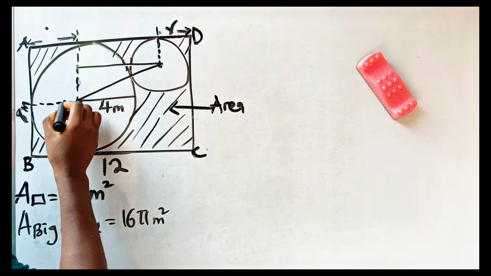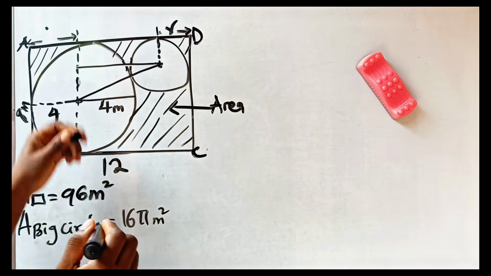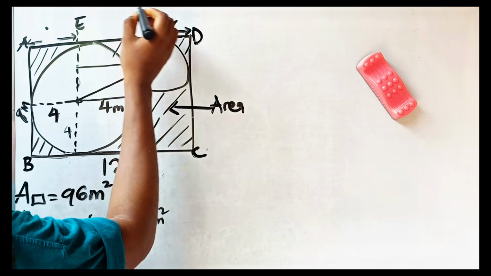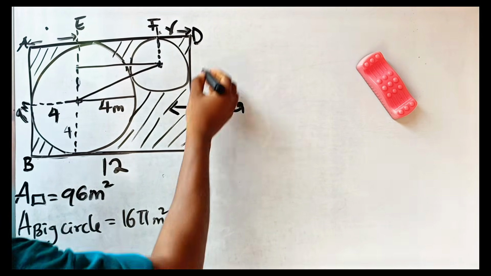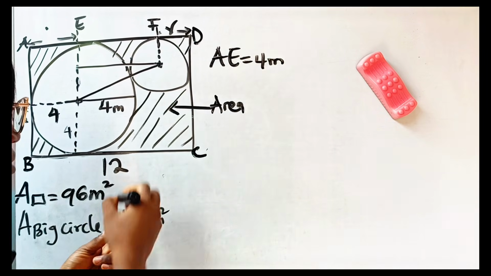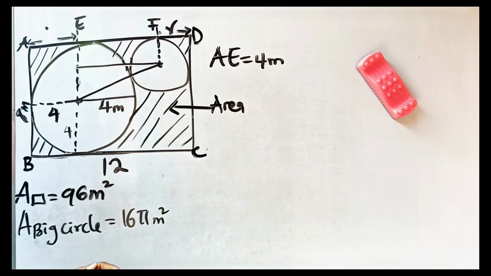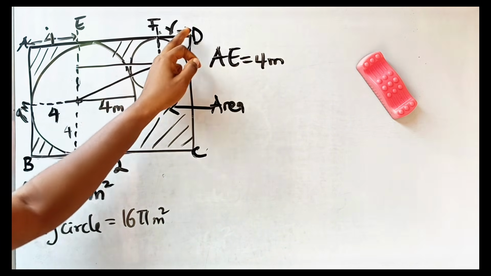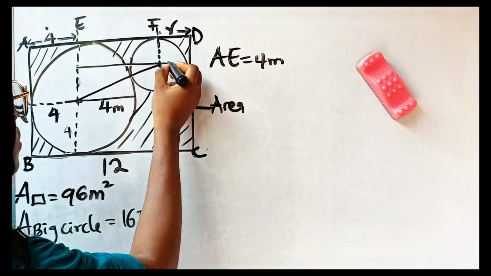Now let's call these points E and F. So AE is also equal to 4 meters, because it is equal to the radius of the circle. And FD is equal to R, the radius of this circle.